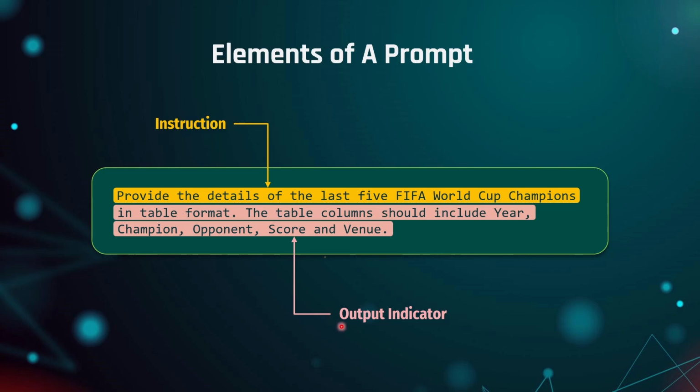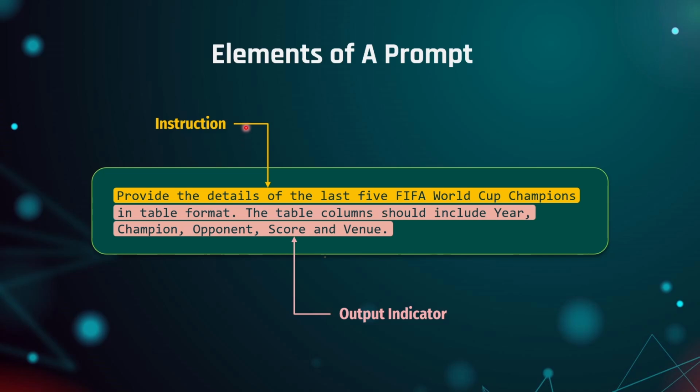Although output indicator is not mandatory. Even if we omitted, আমরা যদি এই particular portion, if we omitted this output indicator, ChatGPT would still be able to complete my instruction, right? Instruction is a vital part of a prompt. There has to be an instruction, right?